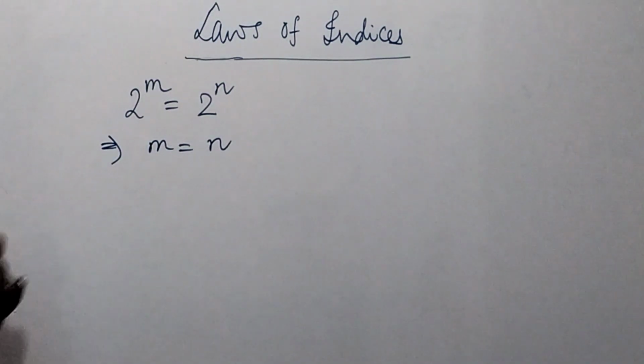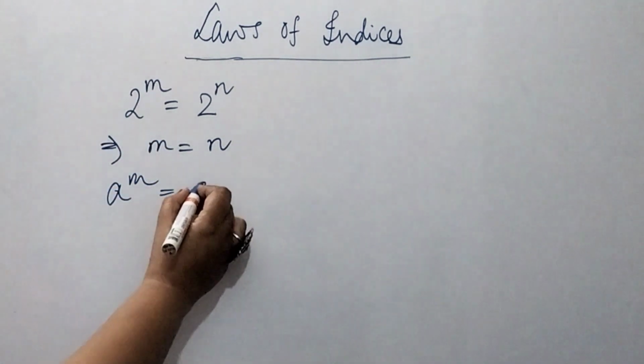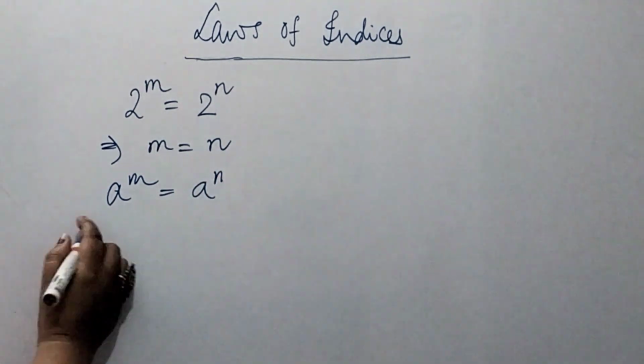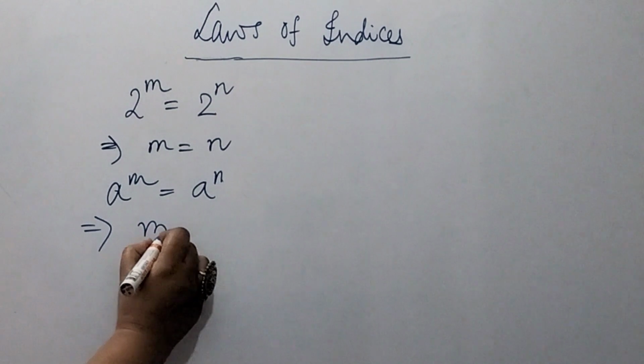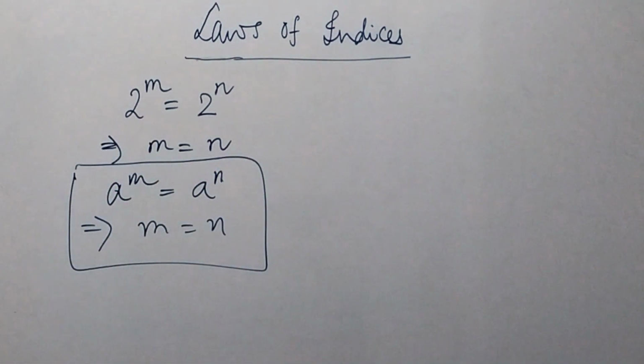Okay, so in general form we get another law of indices, that is a^m will be equal to a^n only when m equals n. Another very important law of indices.